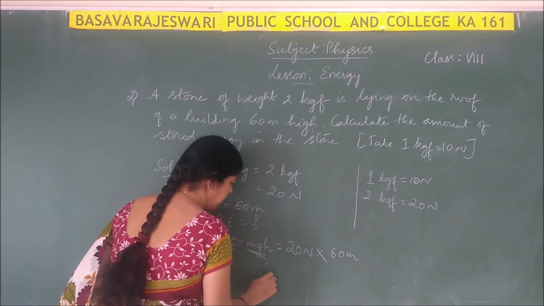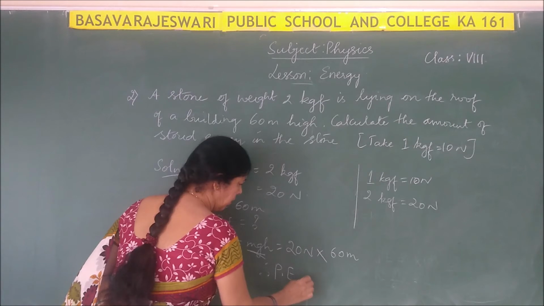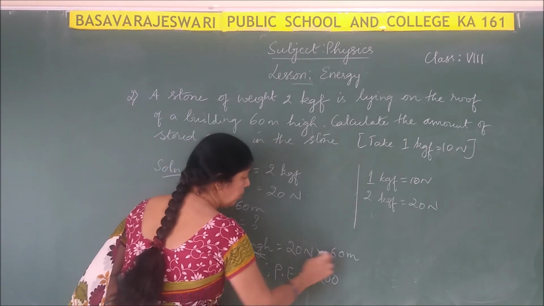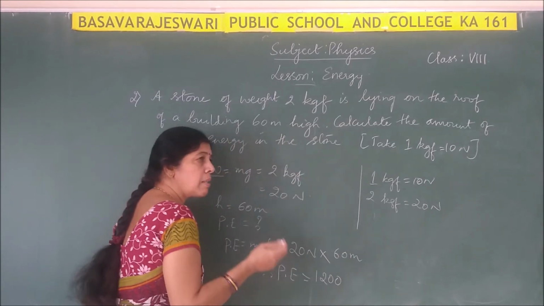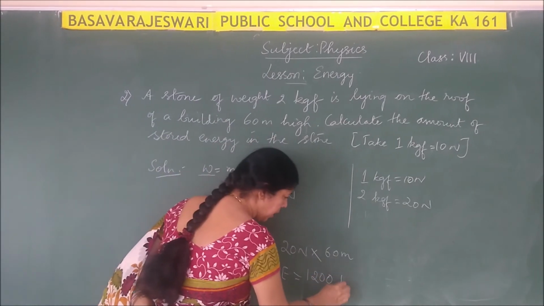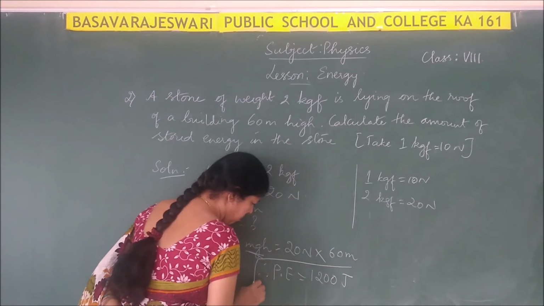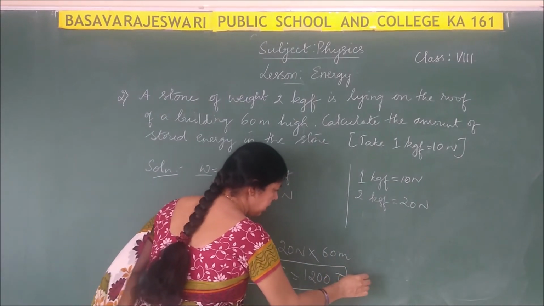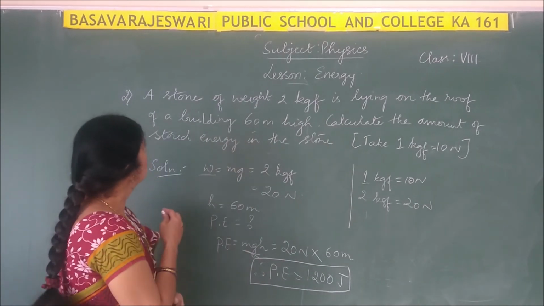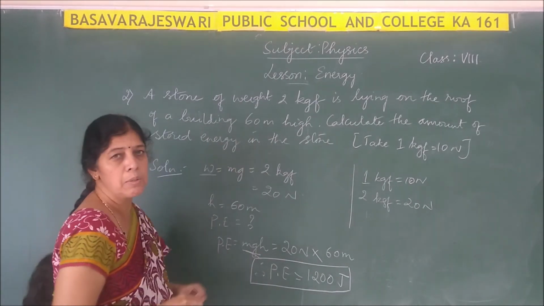So how much will you get? Potential energy is equal to 20 multiplied by 60, that is 1200 Newton meter. Newton meter is the unit for work done. Newton meter is nothing but joule only. So this will be the potential energy stored in the stone. Okay. Copy the solution.